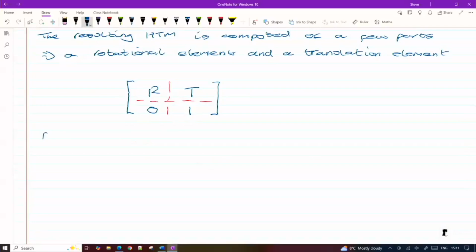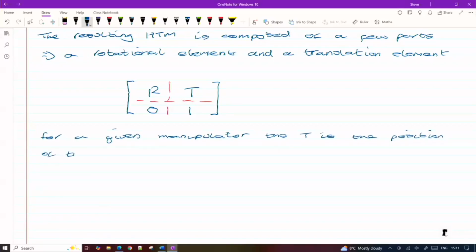So this we know. So within that matrix, T is the position of the end effector with respect to the base coordinate system.